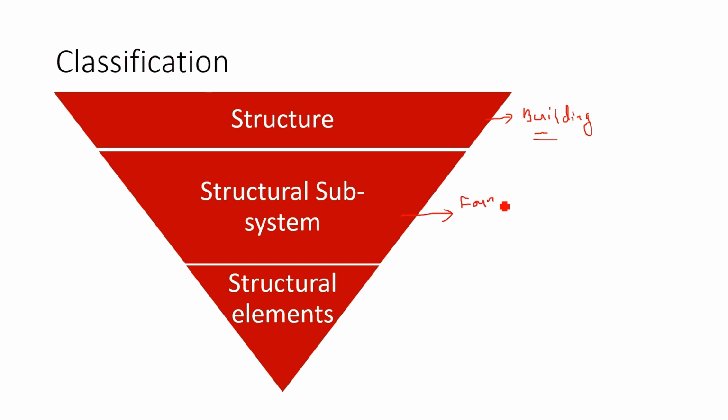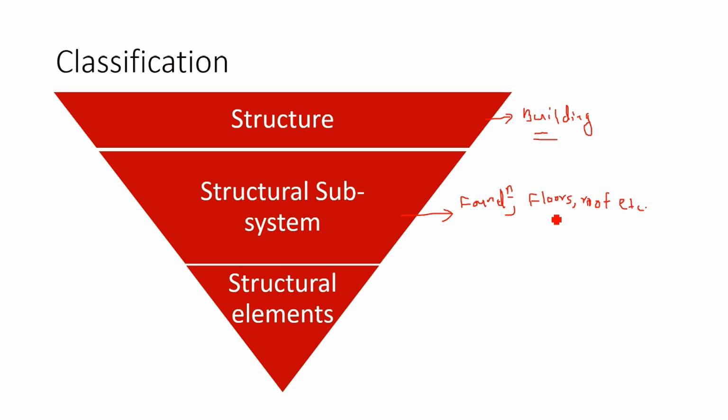Foundation is one of the subsystems. Then we can say the floors, number of floors. Then we can say roof, and so on. So foundation, floors, roof, these are called structural subsystems.